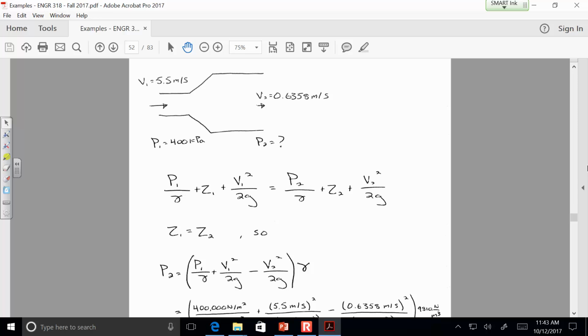So that explains why the pressure went up: the energy had to go somewhere. The extra energy that we had as velocity initially, once that fluid slowed down, went into an increase in pressure. Everybody get the same answer? 414.9? Okay.